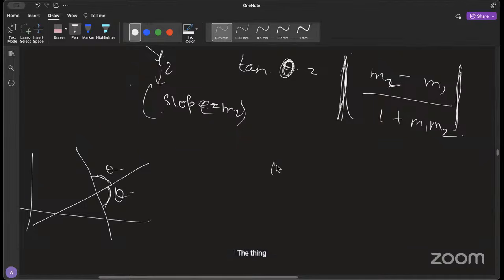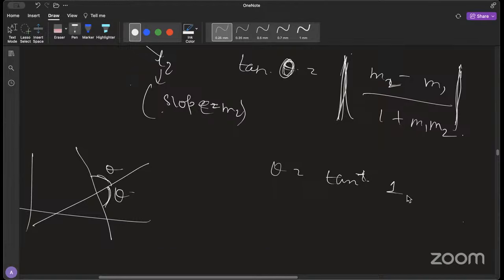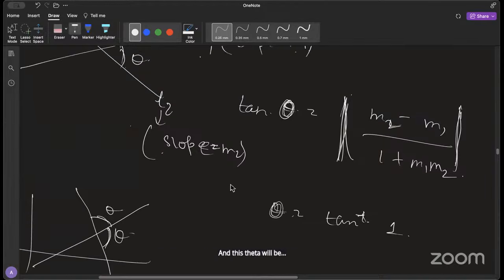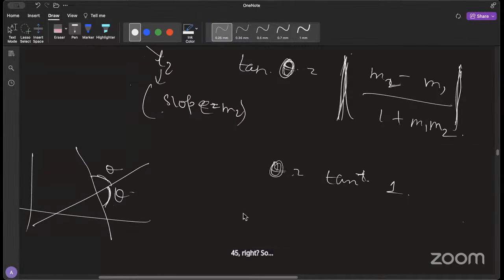The thing is, this says theta is equal to tan inverse of this thing. So you will have something positive here, right? Even if you have minus 1 here, the mod value will always be 1. So you will have tan inverse of 1, and this theta will be 45. It's usually the acute and obtuse angle, ma'am?